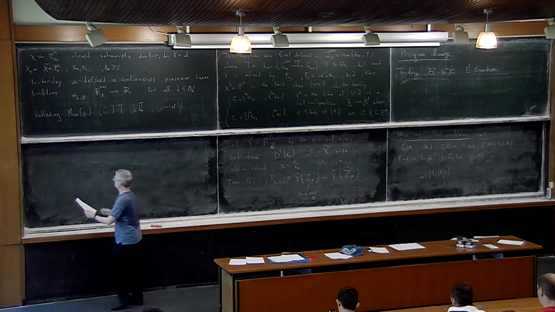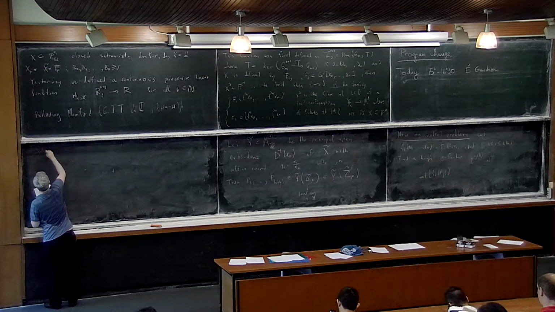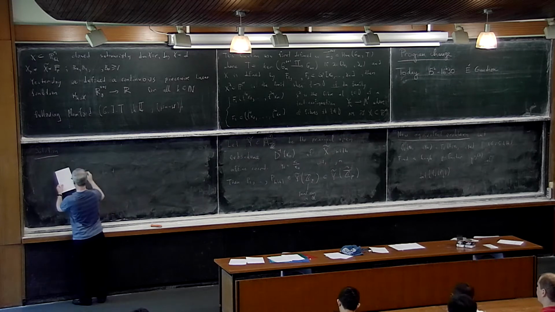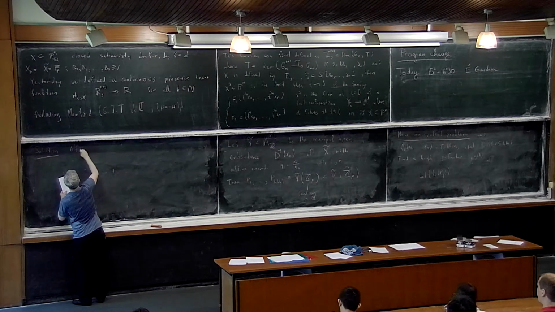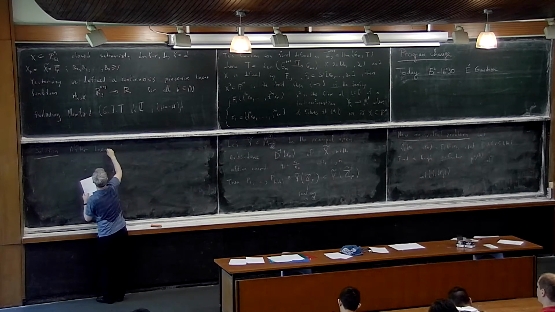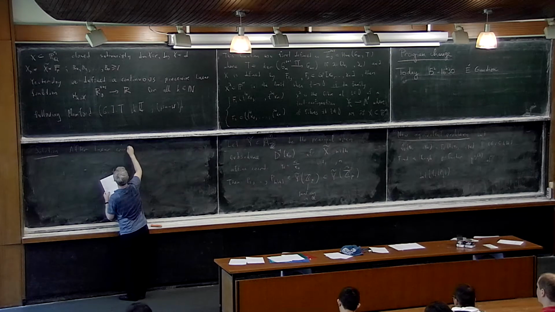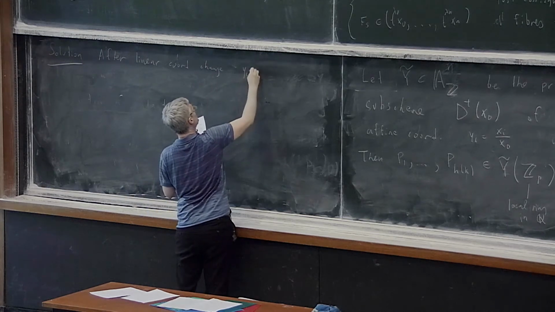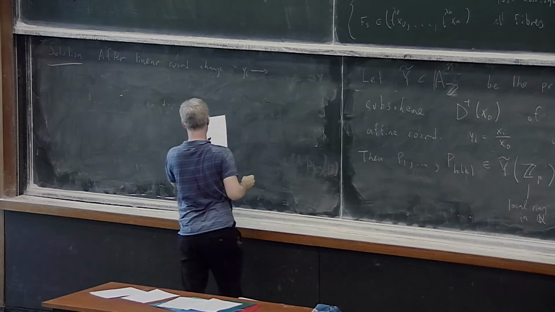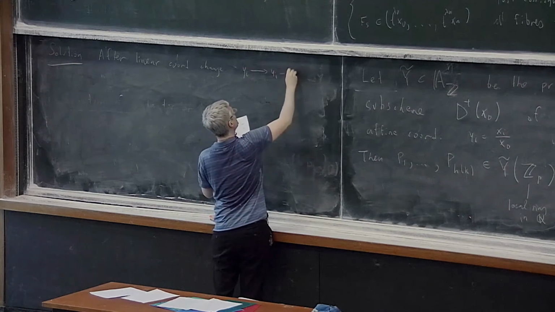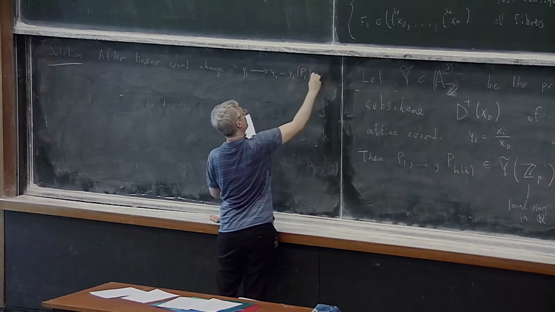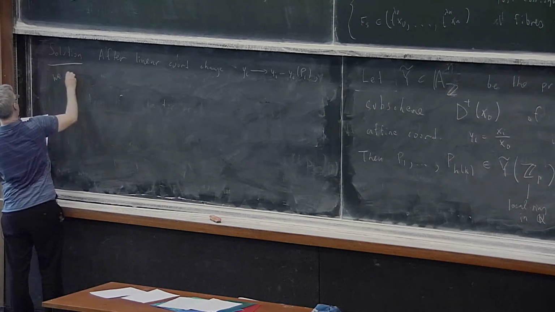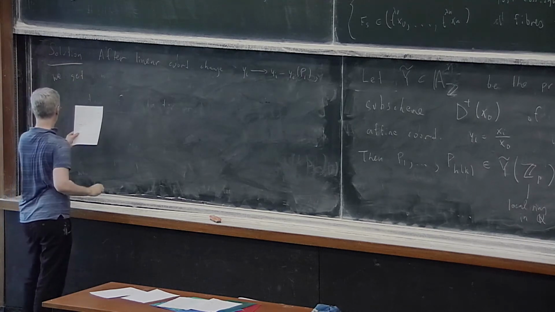So the solution to this new equivalent problem is that I make, after some linear coordinate change, so I let y_1 go to y_1 minus the point p_1, then we get that they are all congruent to 0 modulo p.